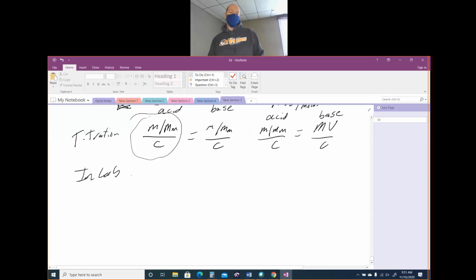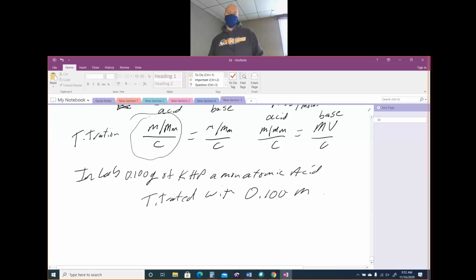So in lab, what we're going to do: 0.1 gram of KHP, which is a monoprotic acid, meaning 1 H, titrated with 0.1 molar NaOH.